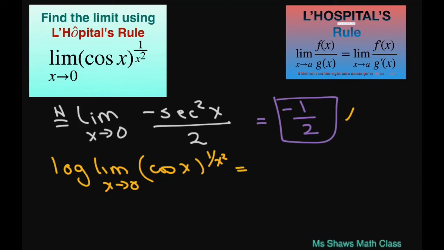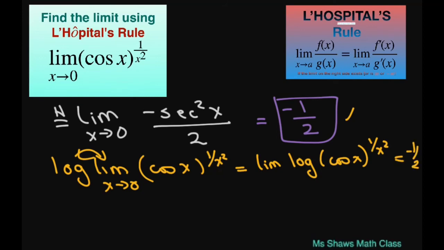That equals the limit of the log, I'm just switching these two around, of cosine of x to the power of 1 divided by x squared, which equals negative 1/2. So to get rid of the log here, we're going to write this as equals, where's the x approaches 0.